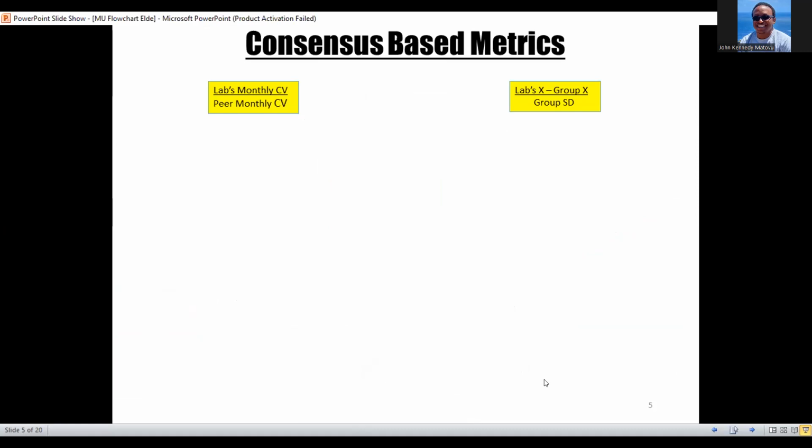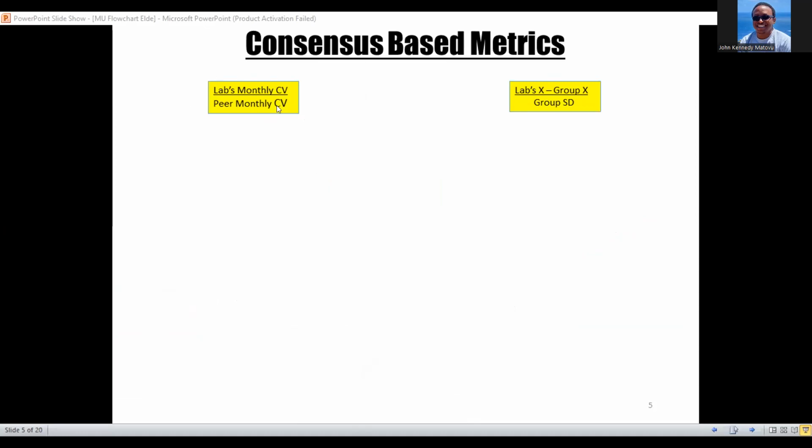I prepared this slide because somebody will probably ask, what's that bias? How do we get that? So I want to link this to what we have learned. Do you guys remember consensus-based metrics? Very good, Christine. So let's play a game.